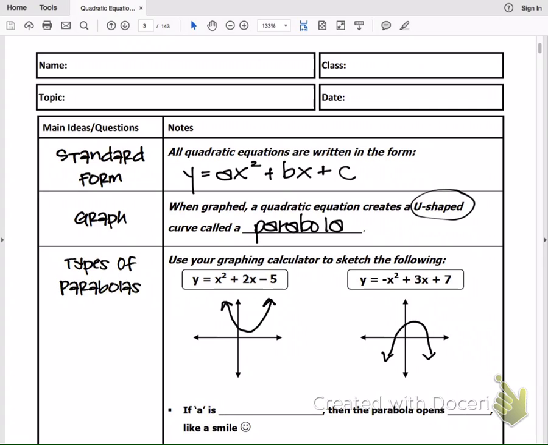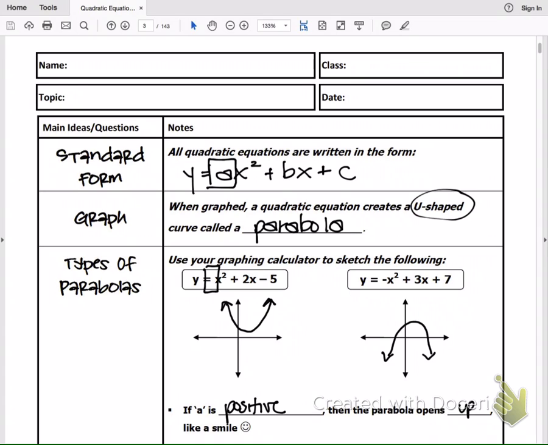Okay? All right, so the trick to knowing whether it's going to face up or down is the a value out front of your x squared. If you notice here, there's no number right here in front of our x squared, but that means it's a positive 1. So if a is positive, then the parabola opens up, or it is a U facing up, you can say like a smile.